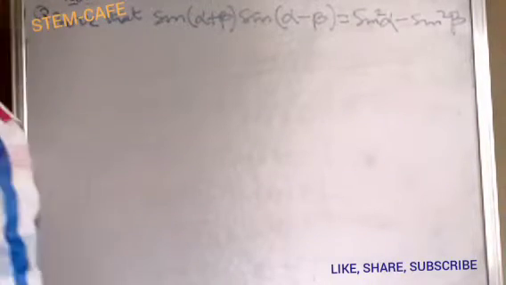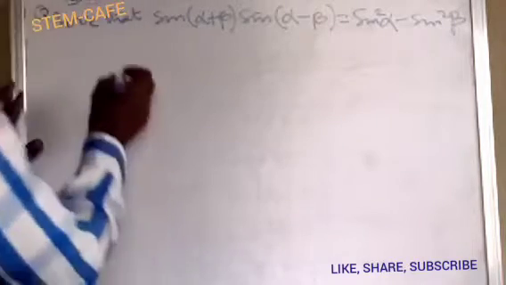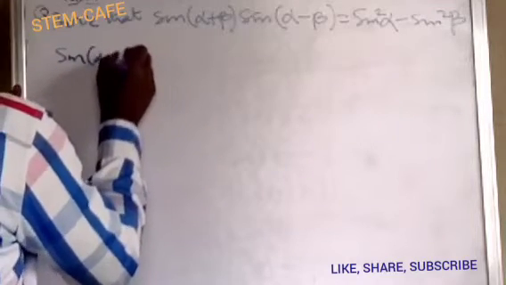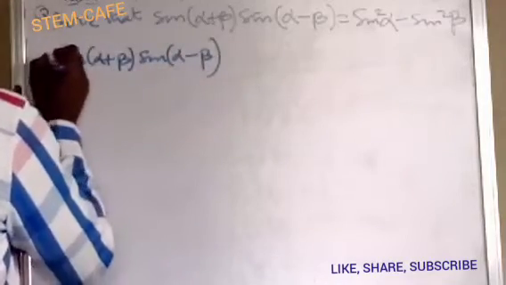Prove that sine alpha plus beta, sine alpha minus beta is equal to sine square alpha minus sine square beta. So I have sine alpha plus beta sine alpha minus beta. Let me put minus 2 here.